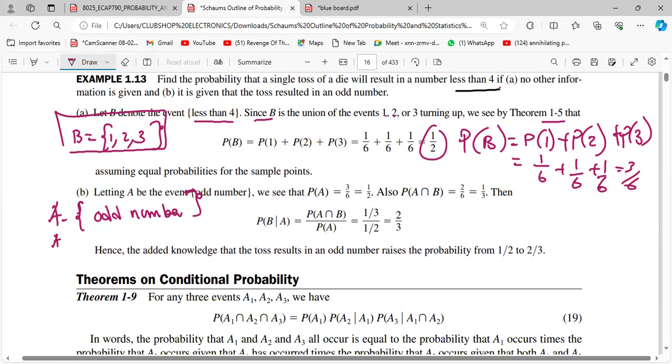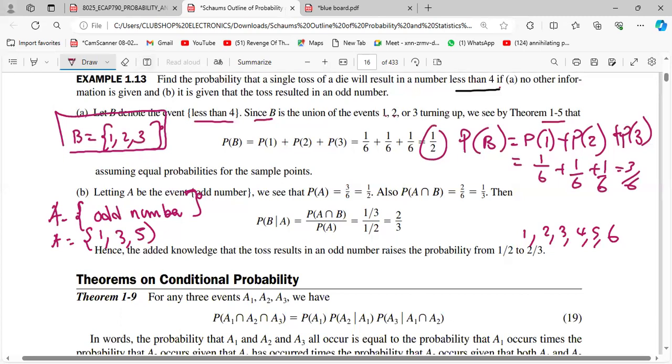Now, from 1, 2, 3, 4, 5, 6, which ones are our odd numbers? Odd numbers are numbers that are not divisible by 2 exactly, or once divided by 2, you get a remainder. So we have 1, 3, and 5.